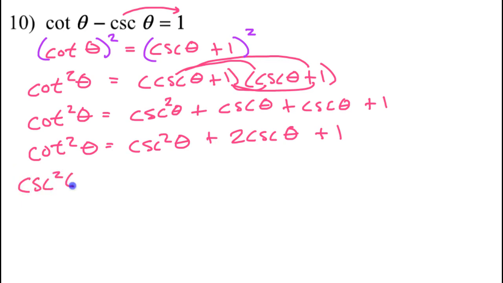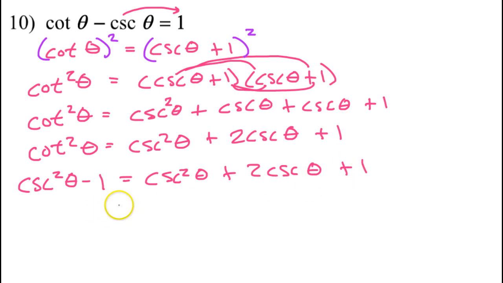Cosecant squared minus 1 is equal to cosecant squared theta plus 2 cosecant theta plus 1. All right, let's subtract cosecant squared from both sides. Interesting. And while we're at it, let's add 1 to both sides.